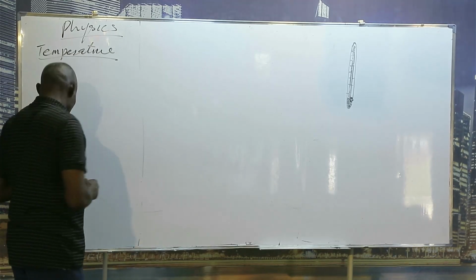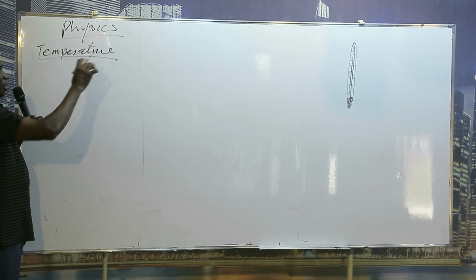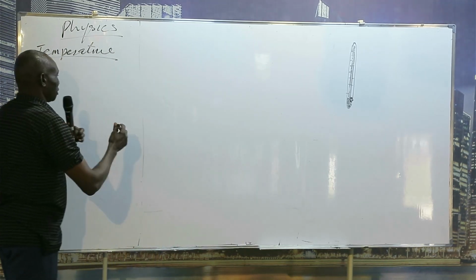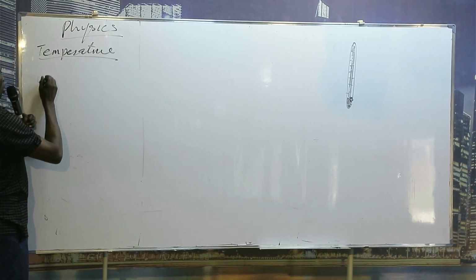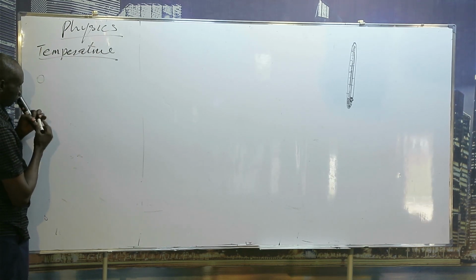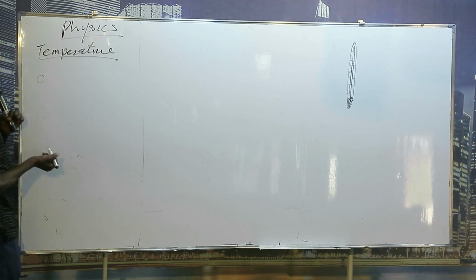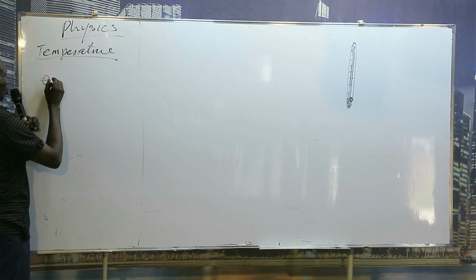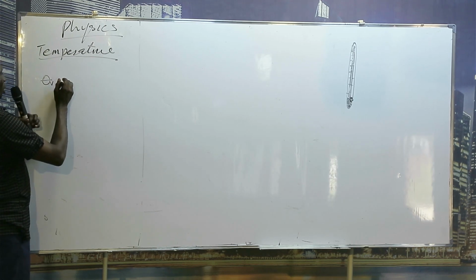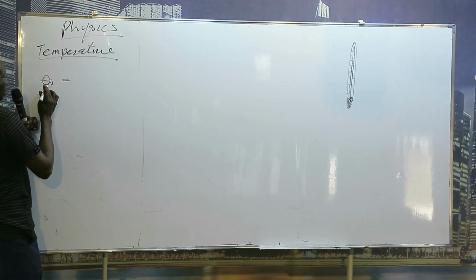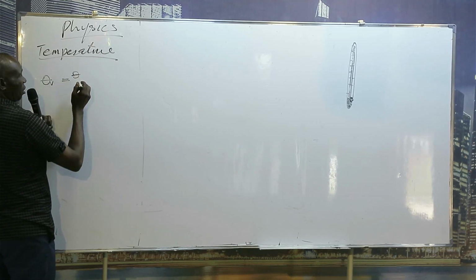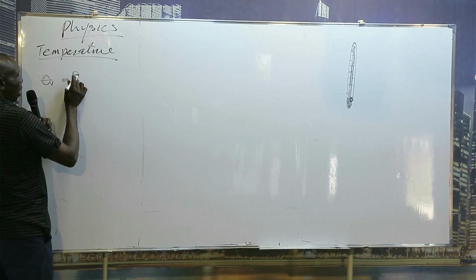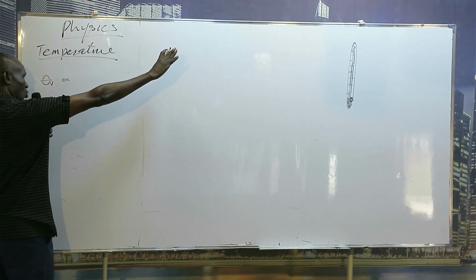Based on that, the condition for the calibration of this liquid in glass is that the temperature due to variation in volume is the same as the temperature at the point of change. I want you to understand what I'm going to draw now.